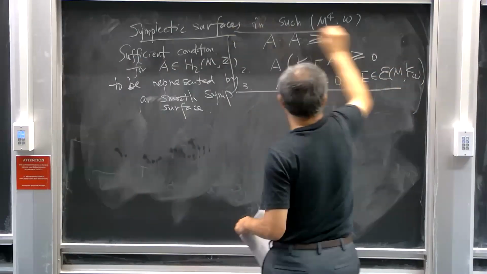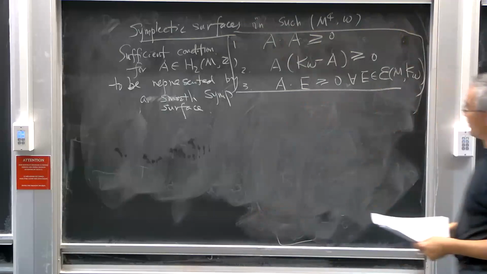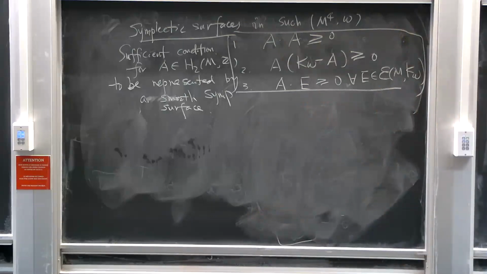If all these non-negativity conditions are satisfied, then there is a connected symplectic surface in the class A. It's a very simple condition. And then you can calculate the genus by the adjunction formula.